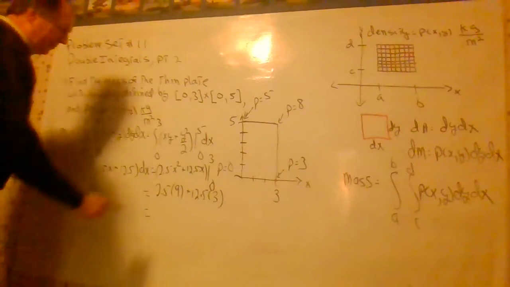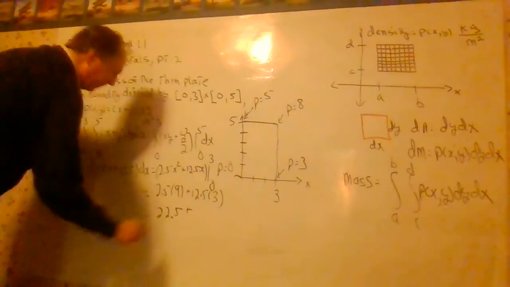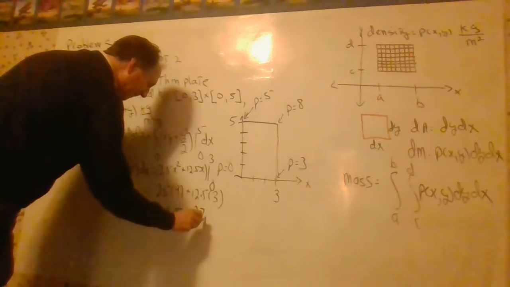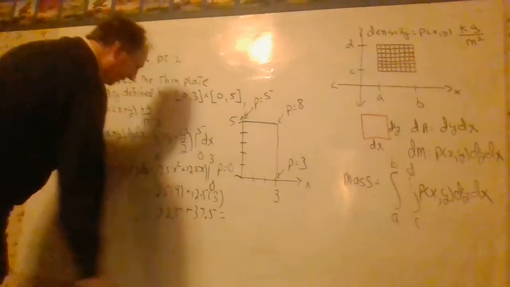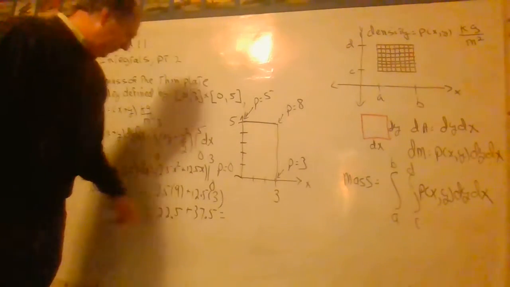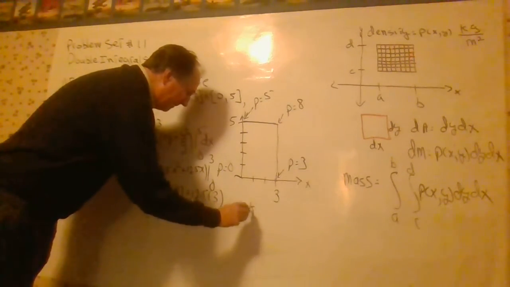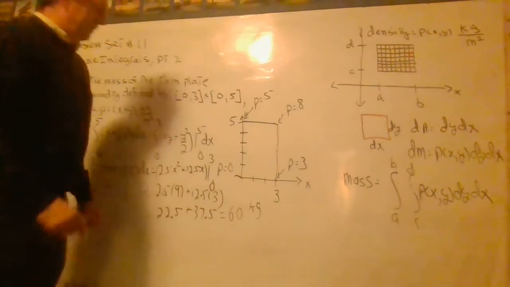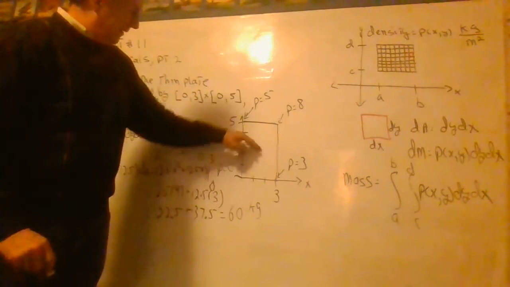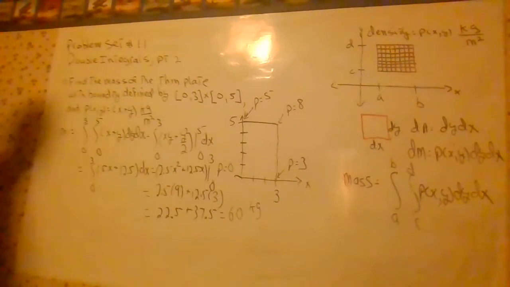And let's see, that's 22.5 plus 37.5, and 22.5 and 37.5 adds up to be 60 kilograms. And let's see, that's halfway between here and here. That's 4 times 15 is 60. Surprise, surprise.